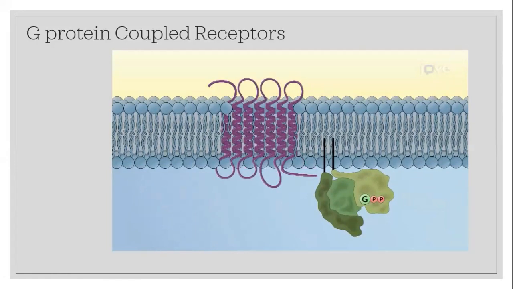They have this receptor, which is 7 transmembrane alpha helices. And you will notice that this G protein initially has GDP attached to it. Once the signal is received, it becomes GTP, and then the signal can be further transferred.